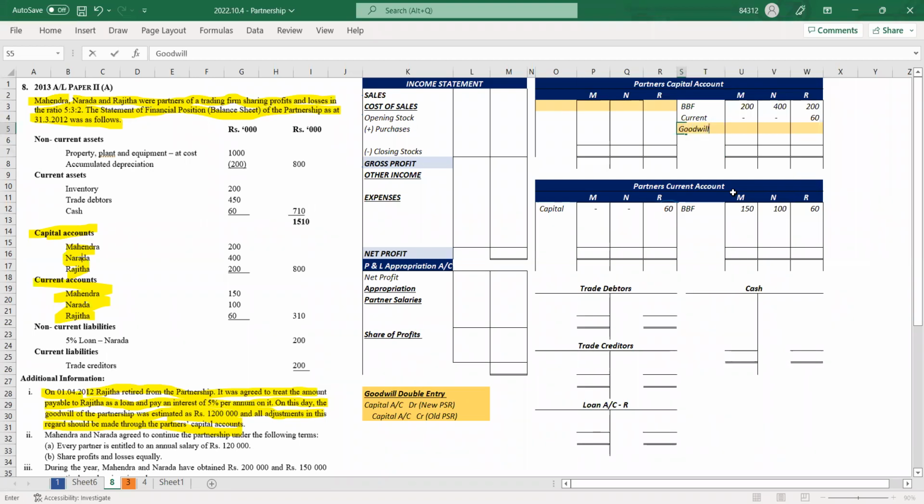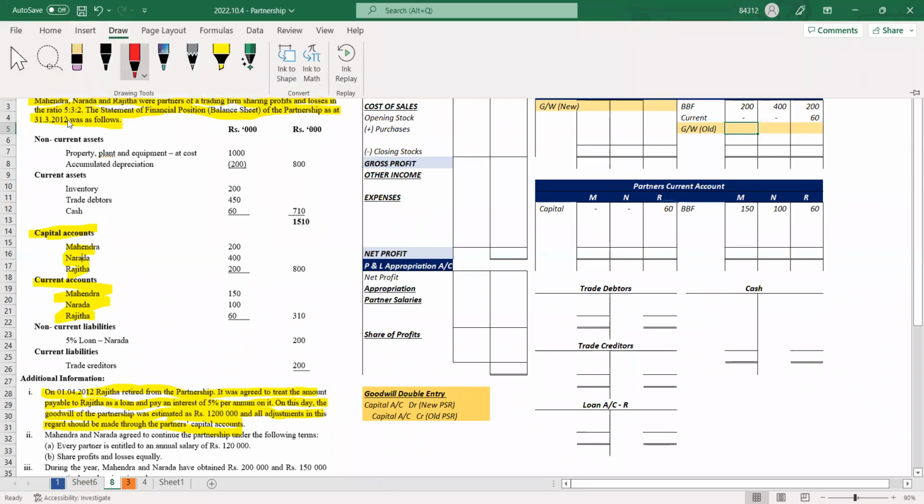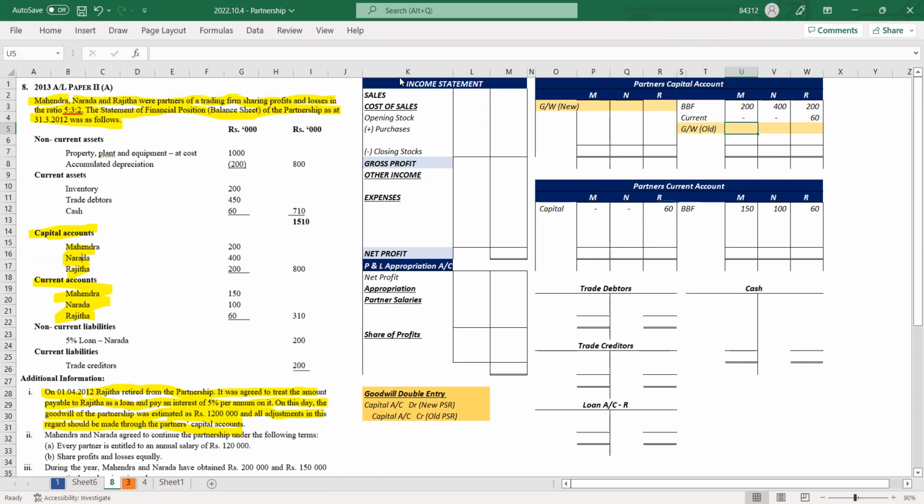Goodwill. Old ratio credit. So what is the old ratio? Old ratio is given in the question as 5:3:2.